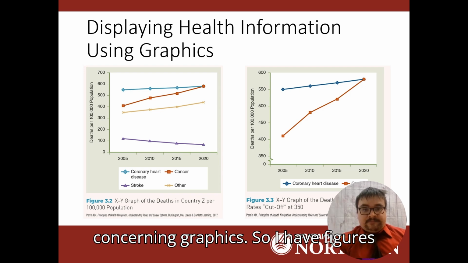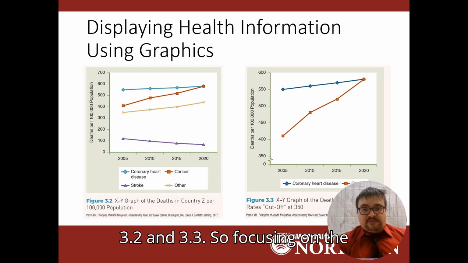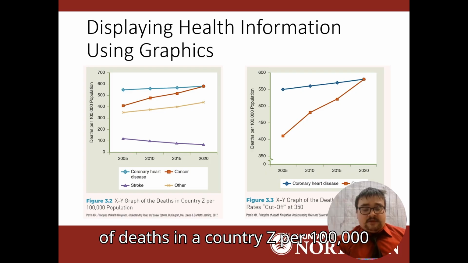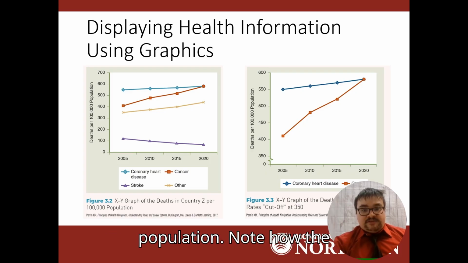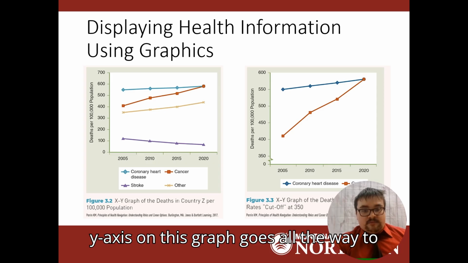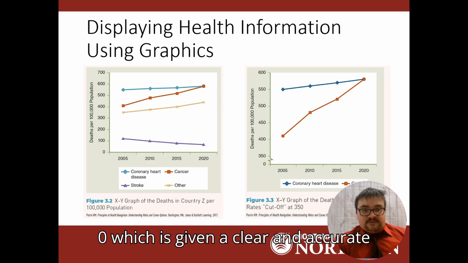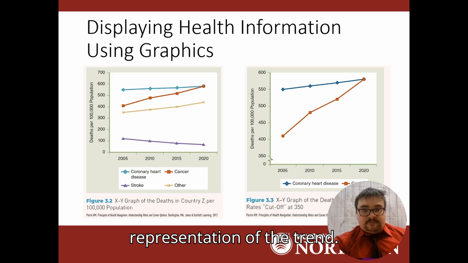All right, now we'll go a little bit more in depth on what to be careful of concerning graphics. So I have figures 3.2 and 3.3. Focusing on the left, 3.2, which is a graph of deaths in country Z per 100,000 population. Note how the y-axis on this graph goes all the way to 0, which gives a clear and accurate representation of the trend.